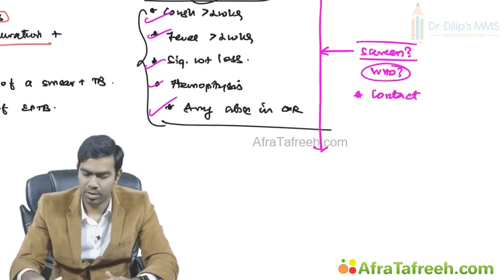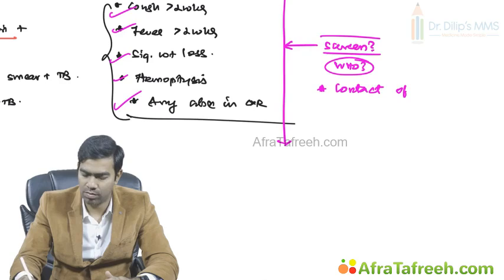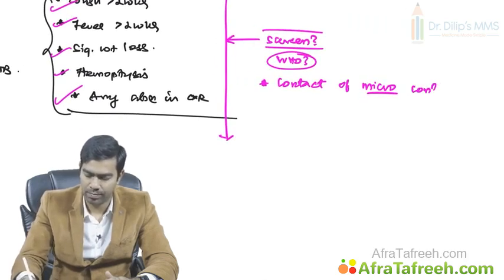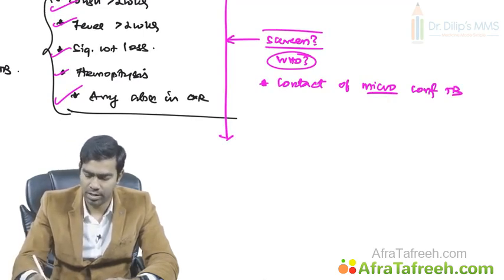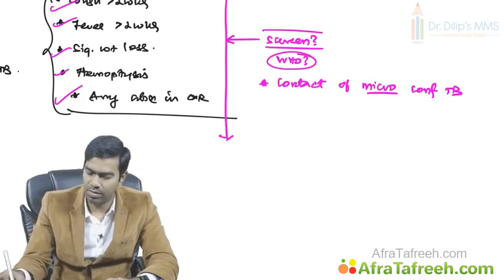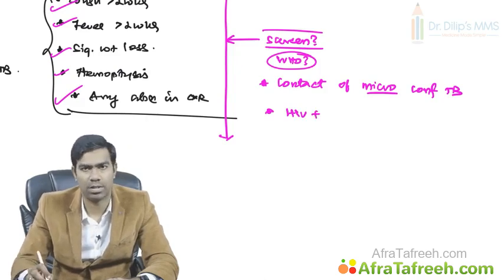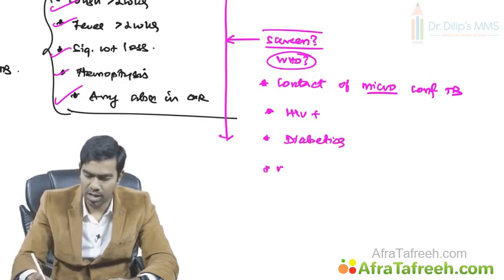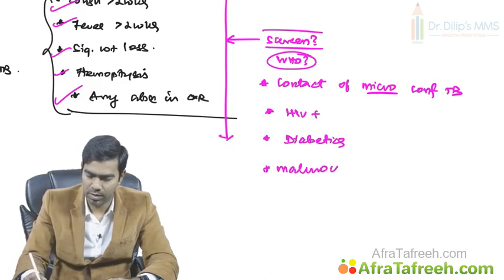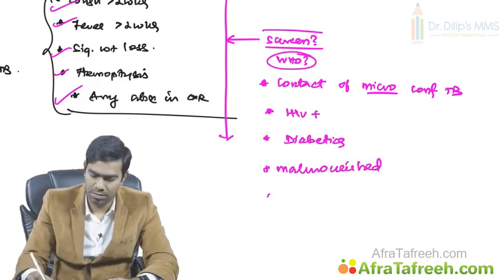Number one, a contact of microbiologically confirmed TB cases. Second, patients living with HIV. Third, diabetes. Fourth, malnourished patients. Fifth, cancer patients.